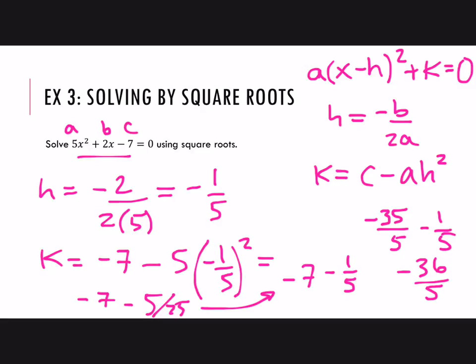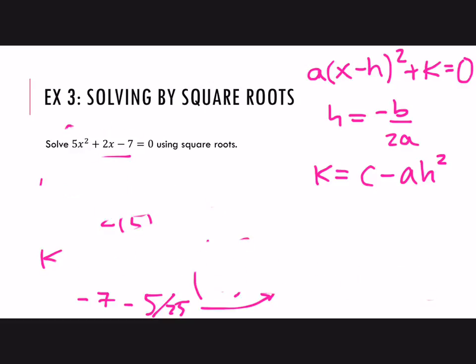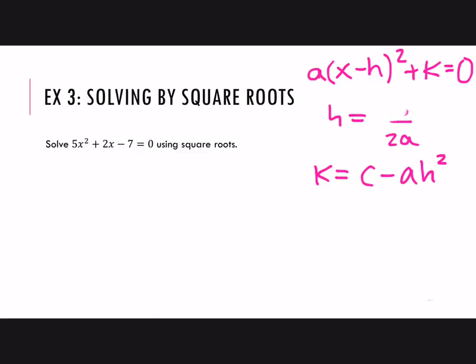Okay, so we've got h and we've got k. All right, let me rewrite those. So h is negative 1/5 and k is negative 36/5.